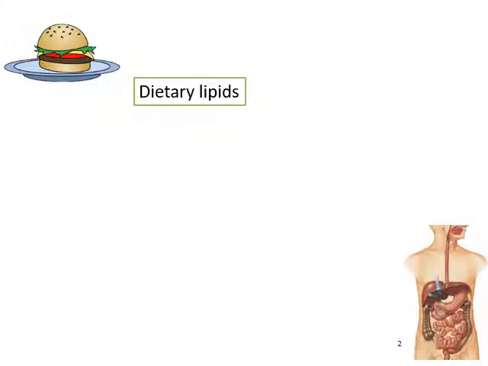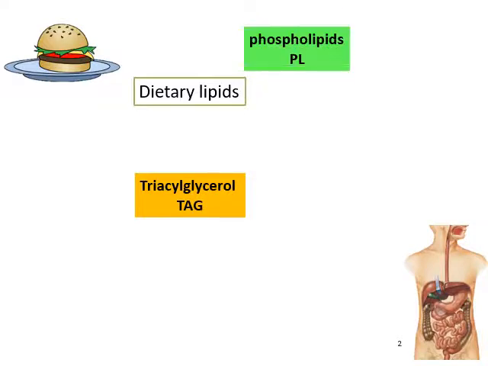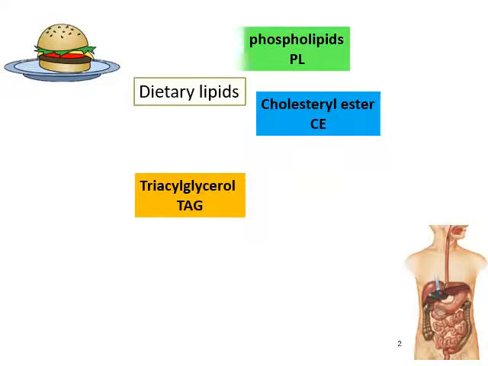You know that you take lipids from your diet, and dietary lipids are composed of triacylglycerols, phospholipids, and cholesterol ester. The most predominant lipid in the diet is triacylglycerol. All of these lipids are hydrolyzed by specific enzymes in the digestive tract, in the gut.